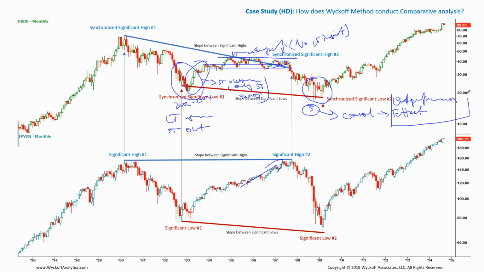And we said that the institutions want to be in this theme and they're not going to provide a lot of supply. And look at the sustainability of the trend. Look at the business cycle type of trend lasting for so long.